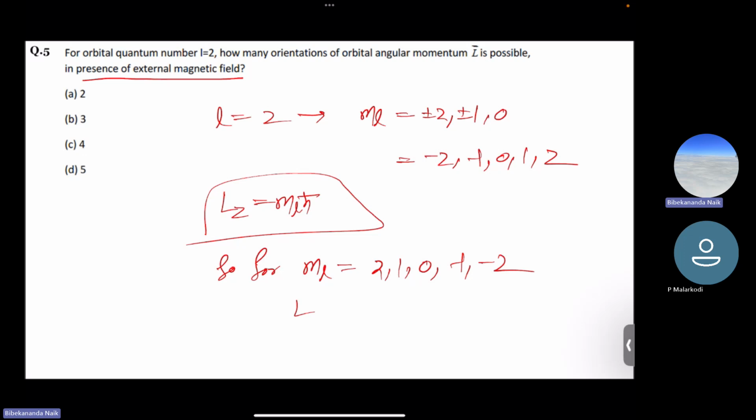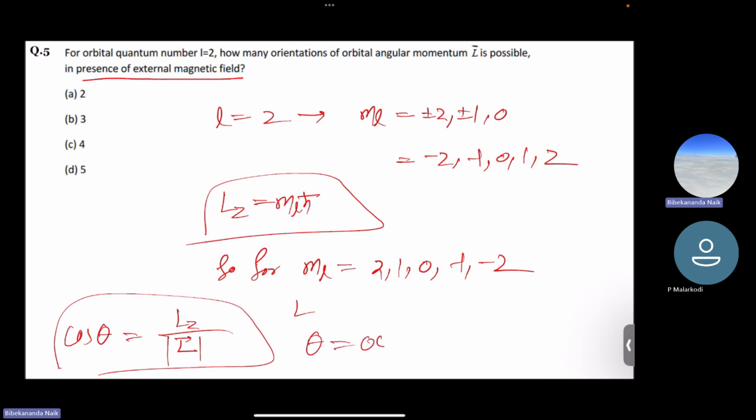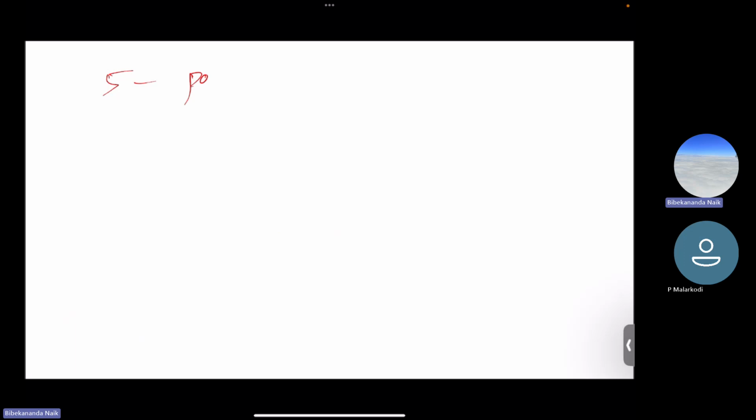So what do we mean by orientation? If you remember, cos theta was Lz by L vector mod. So theta will be cos inverse ML by root over L into L plus 1.